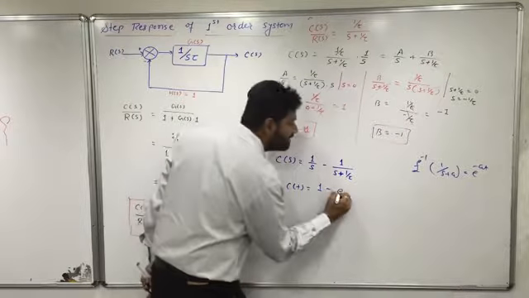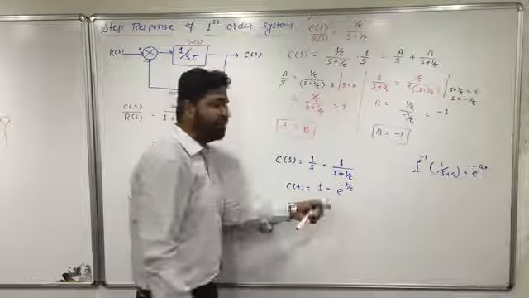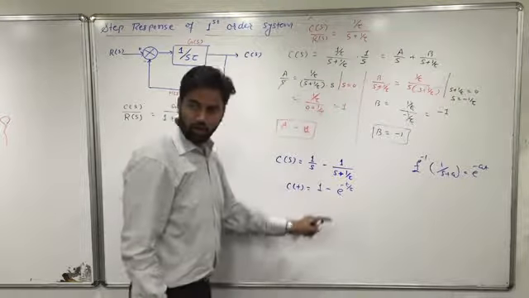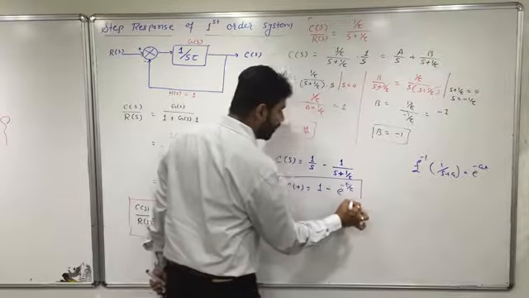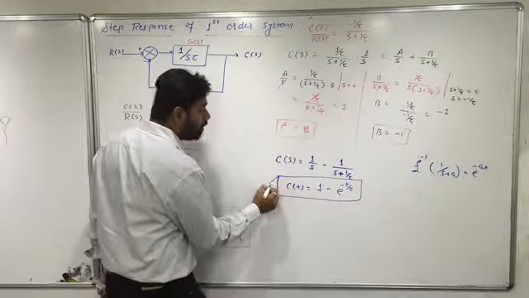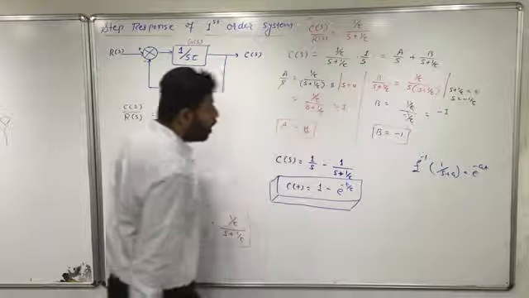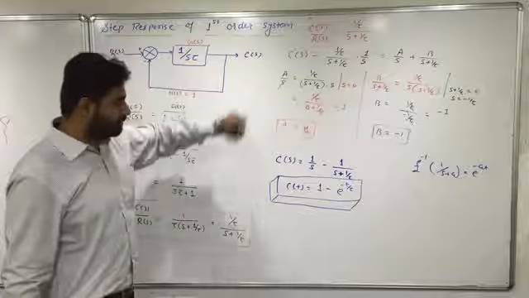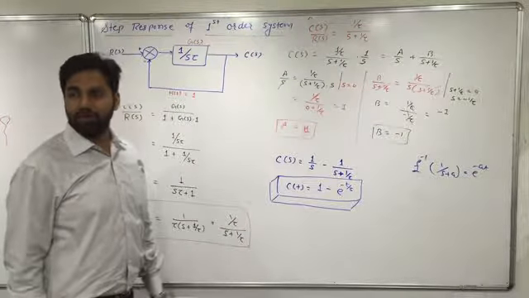So we can say that it is e raised to minus t divided by tau. Right? So I have got my output equation. So this is what we call the step response of first order system.